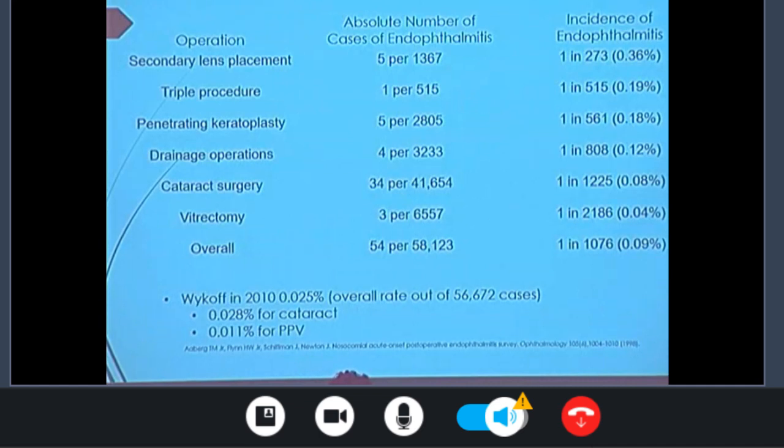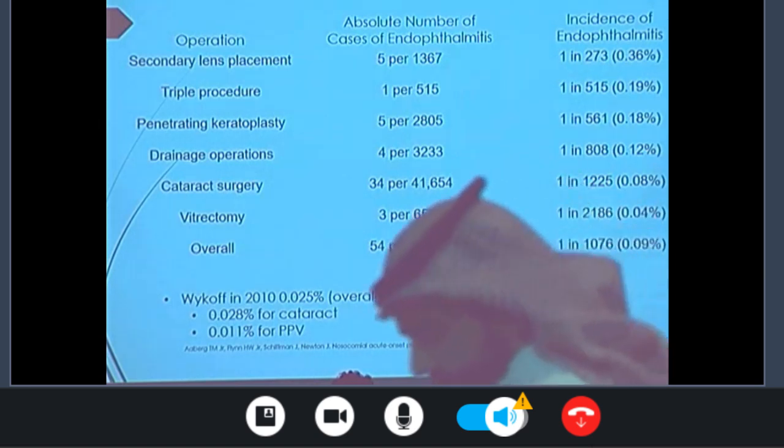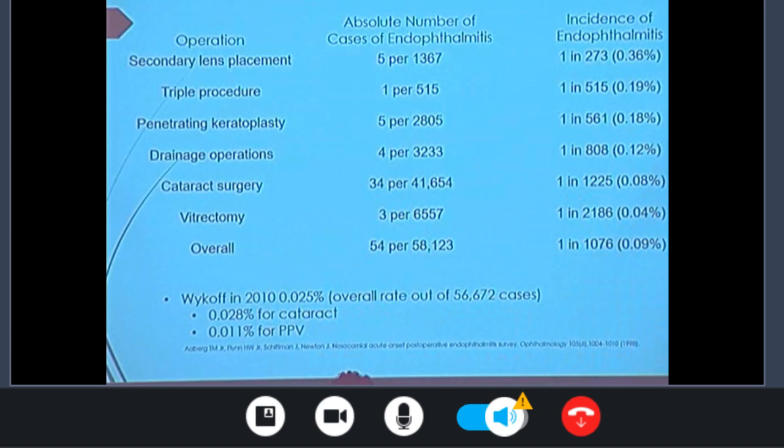Cataract surgery more than doubled the incidence of vitrectomy, at 0.08% for cataracts and 0.04% for vitrectomy surgery. So overall, post-vitrectomy endophthalmitis is highly infrequent.